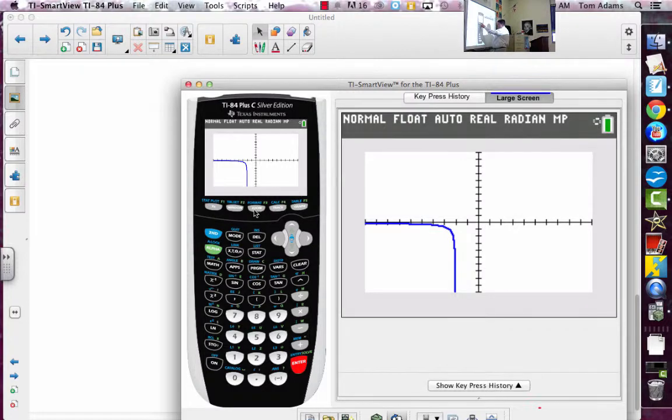It looks like we have some pretty high values, so let's change the window. I think my calculator goofed up here. Let's graph it again and see what it does. There it is.